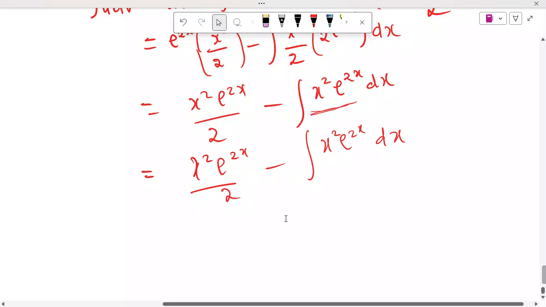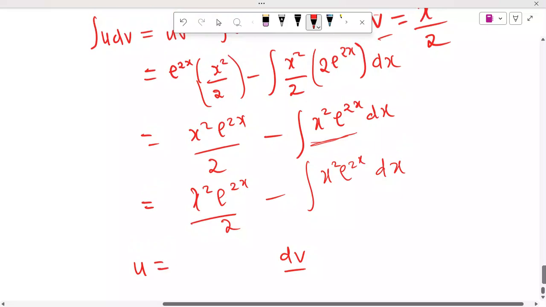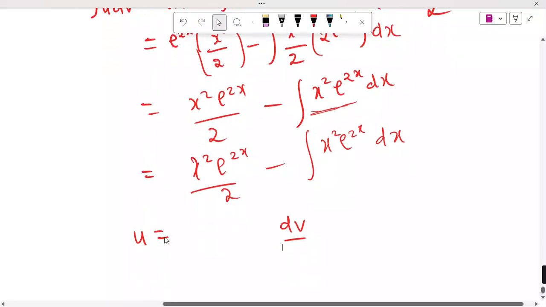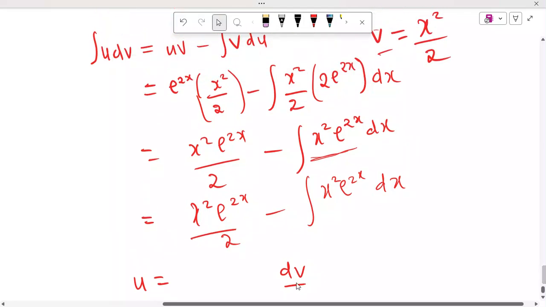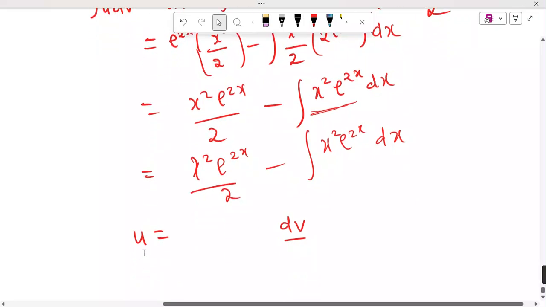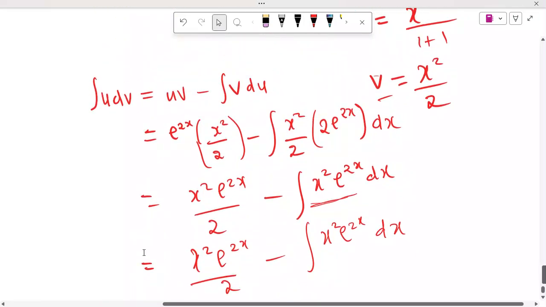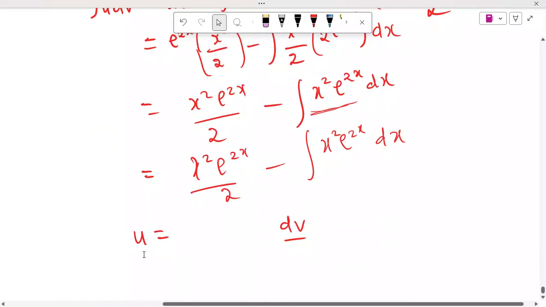This point is what I mostly emphasized at the very beginning: which one should be your u and which one should be your dv. I said the one which is very easy to integrate is what you pick to be your dv, and the one which is easy to differentiate should be your u.